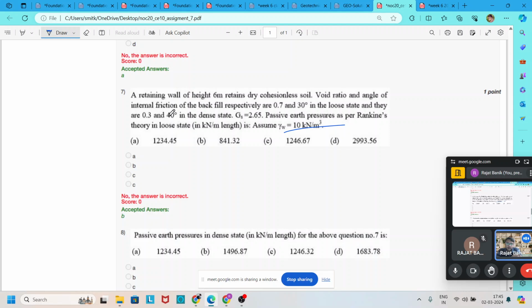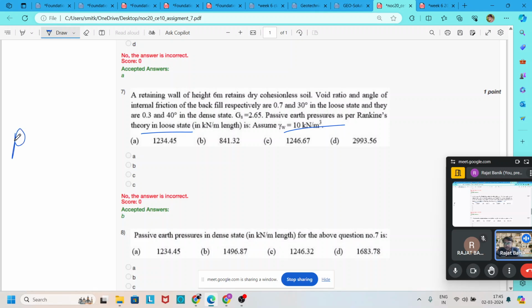So here there is no need for gamma W because there is no water table present. But we have to find the passive earth pressure as per the Rankine theory. We have to find the passive earth pressure force.